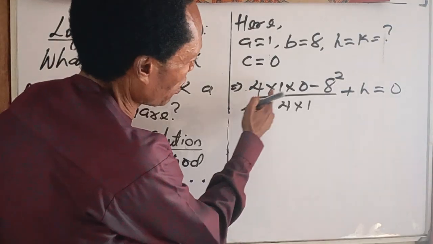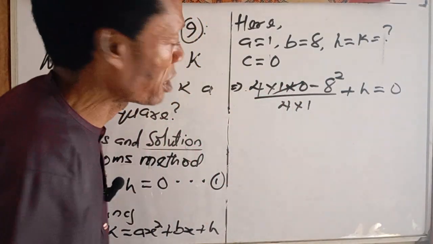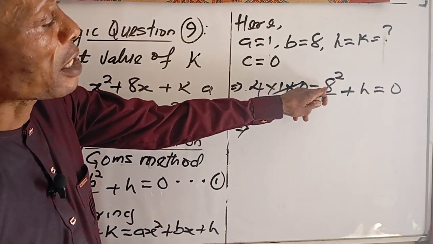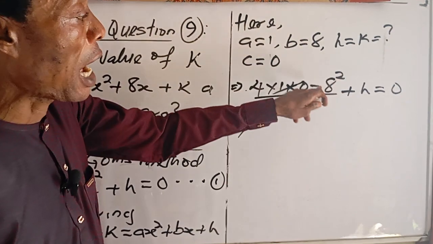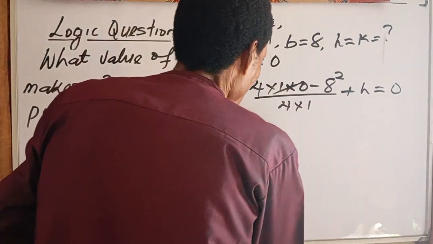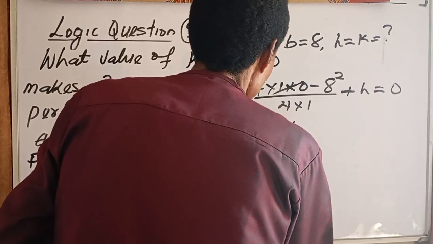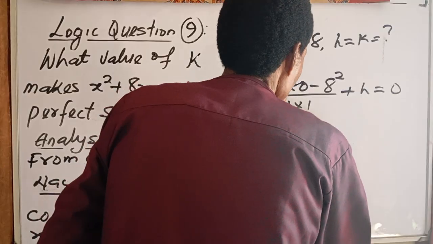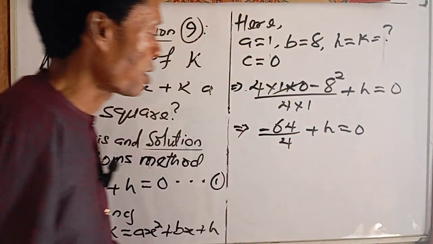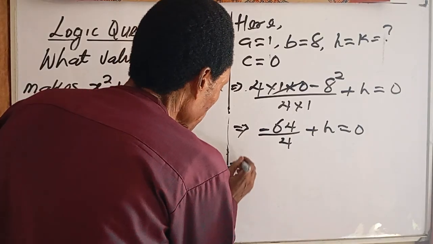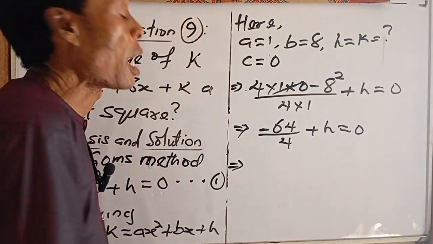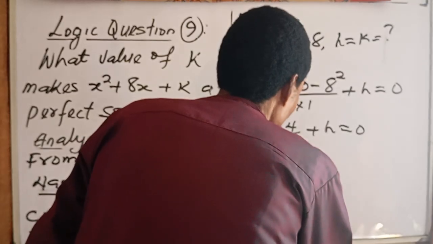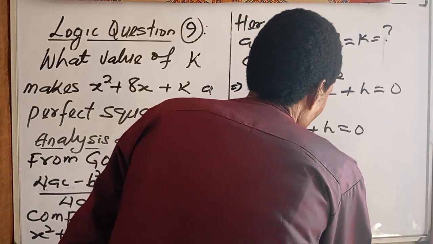So 4 times 1 times 0 will cancel itself. You are left with minus 8 raised to the power of 2, which gives minus 64, all over 4 times 1, which gives 4, then plus h equals 0. Now 64 divided by 4 gives 16, which is minus 16 plus h equals 0.